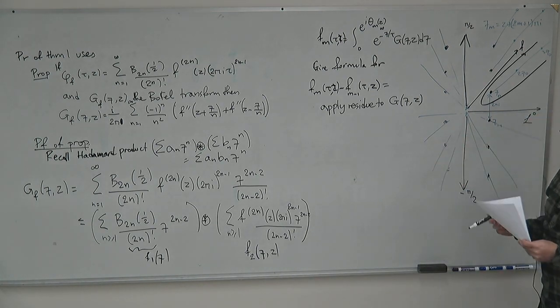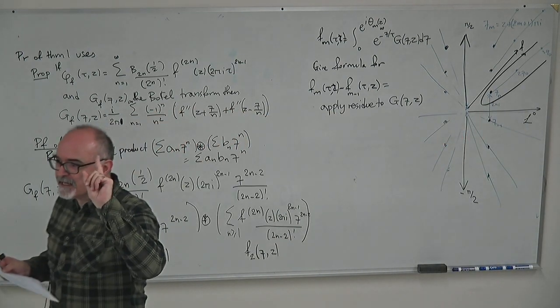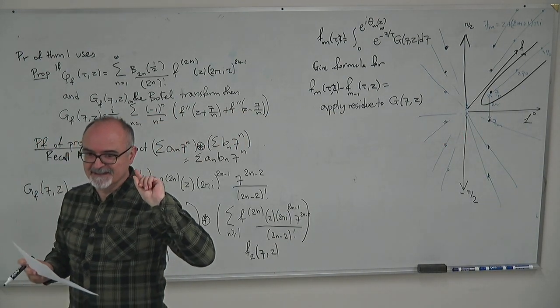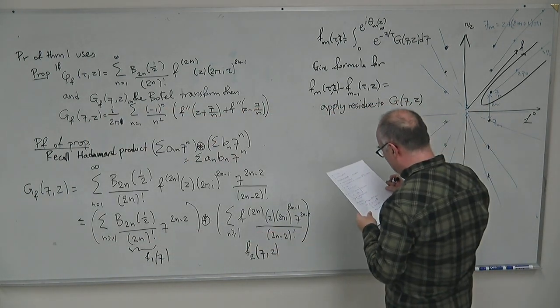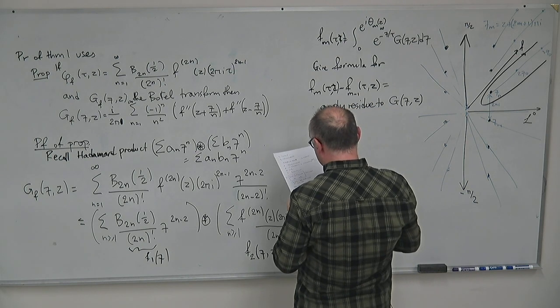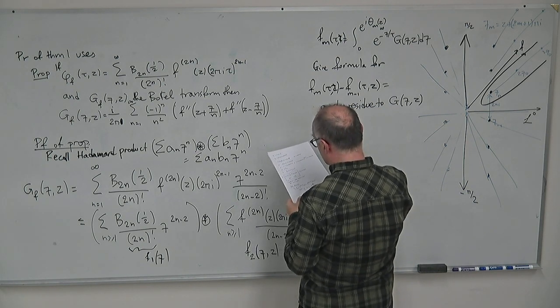I did realize at 2 a.m. last night that my real part should be negative. So the formula I'm going to write down is a little off. Okay. So this is a sum, n greater or equal to 1.